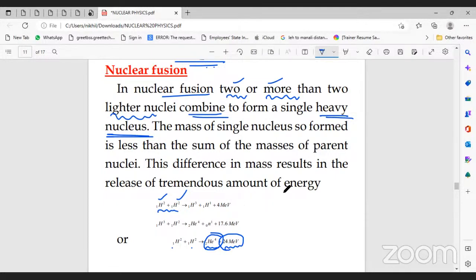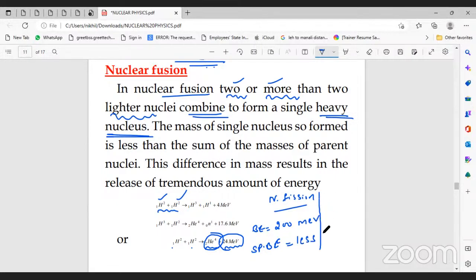Please remember, in the case of nuclear fission, energy released is about 200 mega electron volt. But if you calculate the specific binding energy per nucleon, it is less.